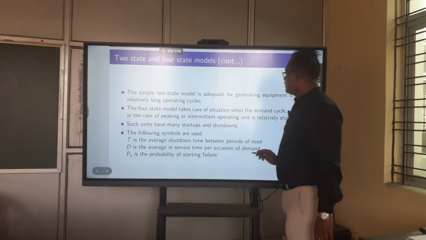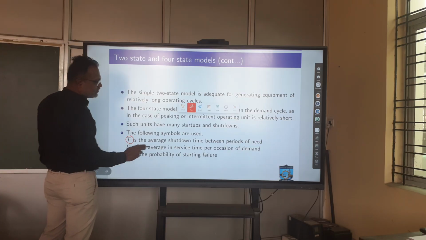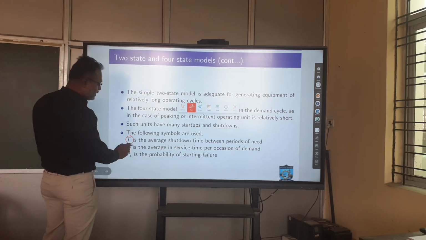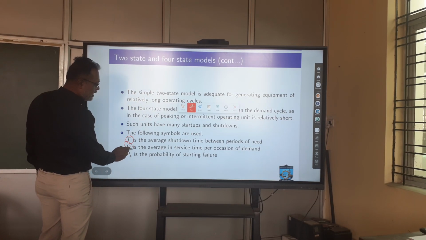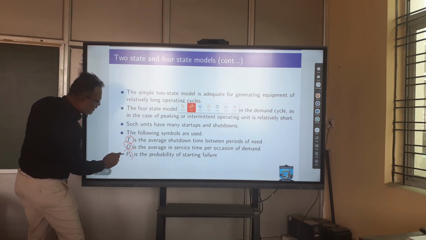Just mention: what is T? T is the average shutdown time between periods of need. D is the average in-service time for application of demand. PS is the probability of starting failure.